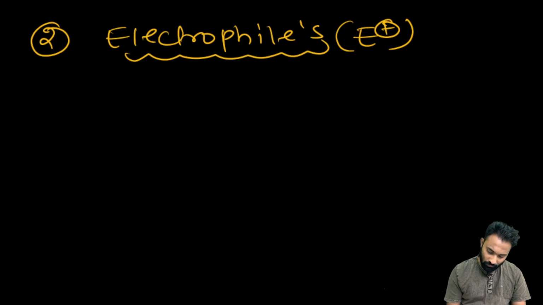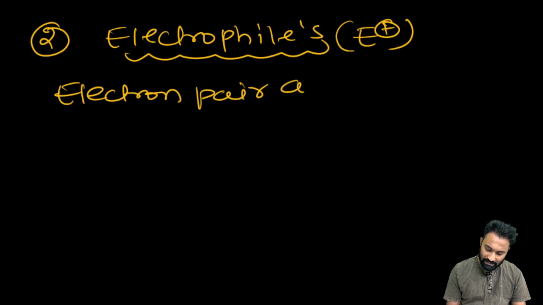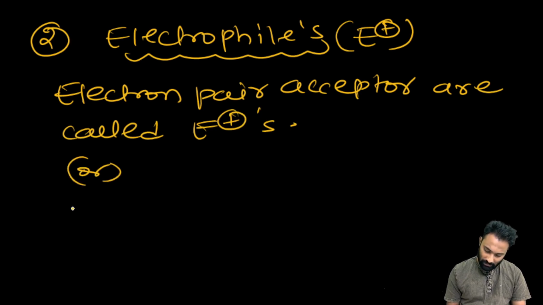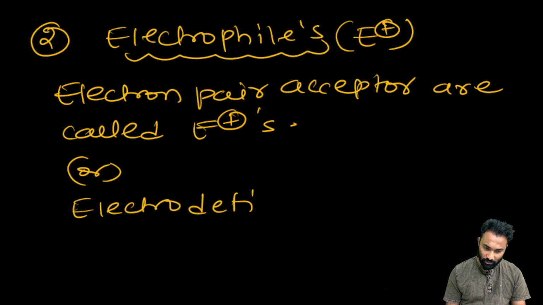Now these electrophiles are electron pair acceptors. Electron pair acceptors are called electrophiles. Clear? They are electron deficient compounds.